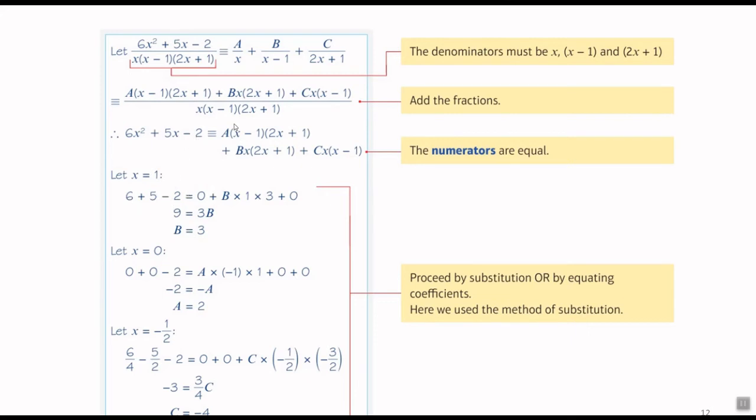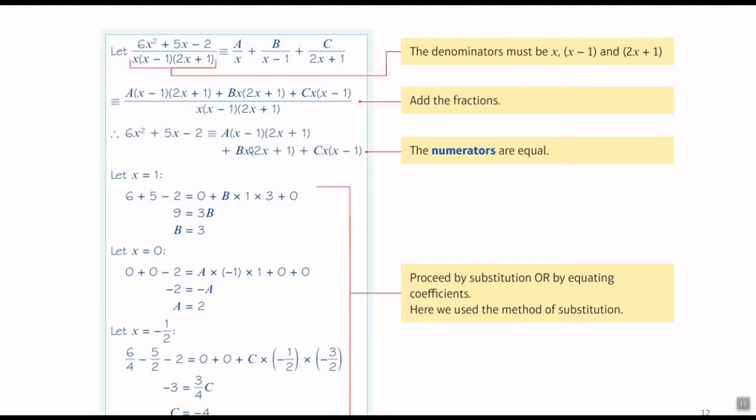That is the left hand side. Right hand side: here 1 minus 1 is 0, 0 multiplied by any value equals 0. b times 1, here 1 multiplied by 2 is 2 plus 1 is 3. And here 1 minus 1 is 0, 0 into c is 0. So then you can find b. Divide both sides by 3, b equals 3.